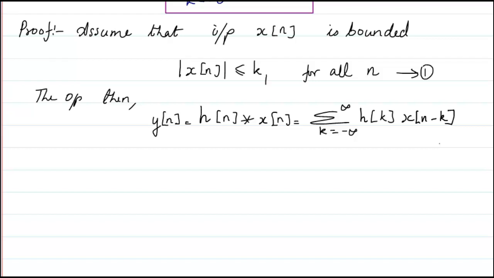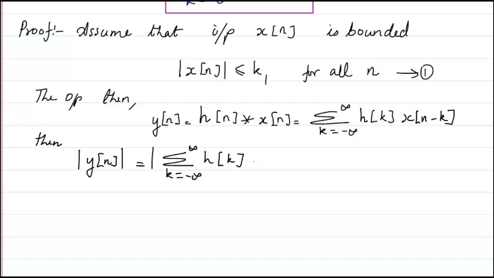If that is the case, then I want to look at whether the output is bounded, and we know that for that, the absolute value of y of n should also be bounded. So if I take the absolute value of y of n, it's as good as taking the absolute value of the summation k equal to minus infinity to infinity h of k x of n minus k.